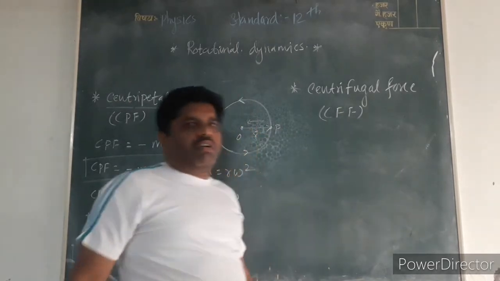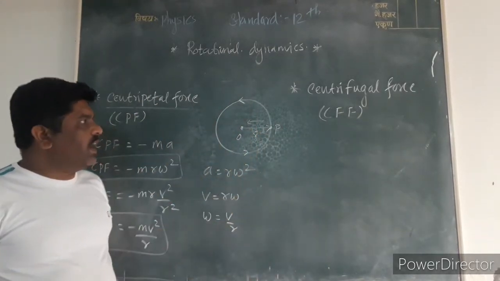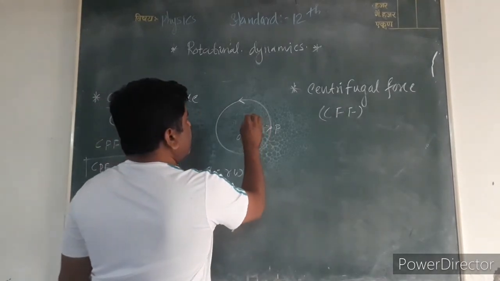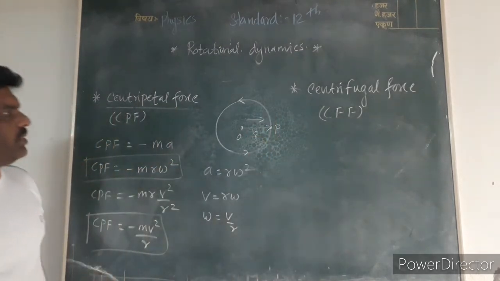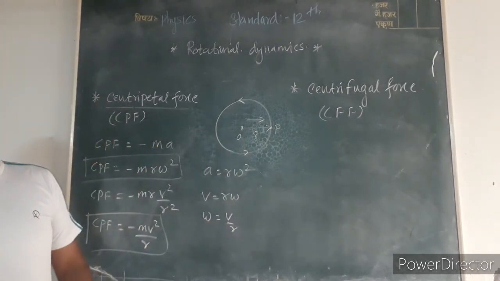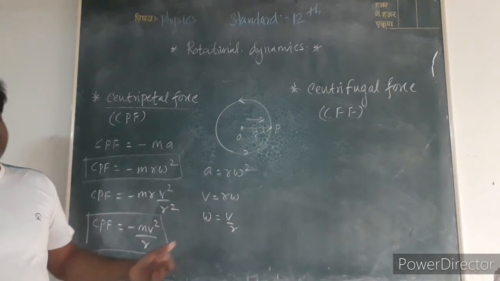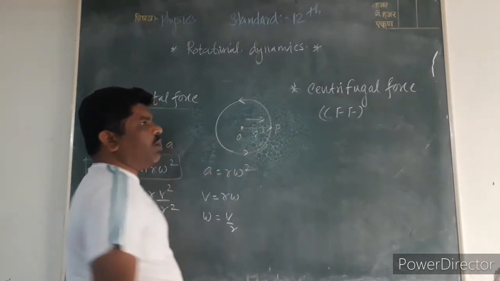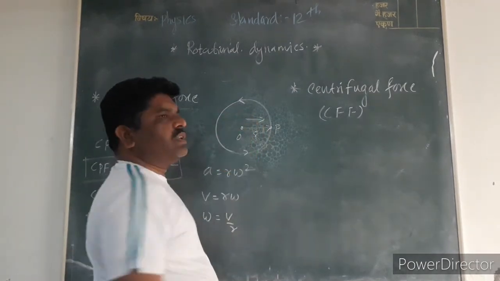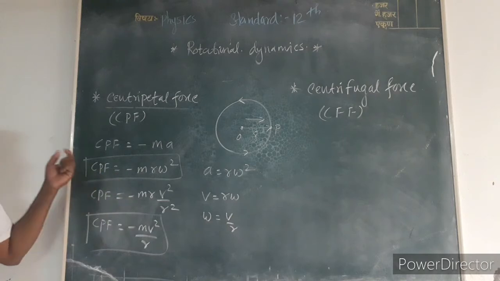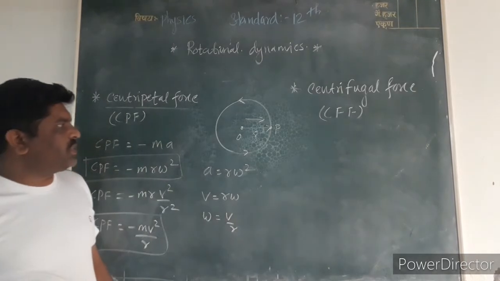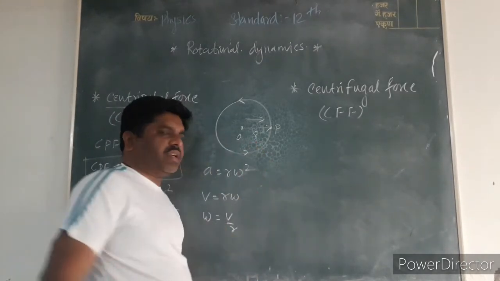If the particle is revolving around the circumference of a circle, the force is directed from the center of the circle to the particle, along the radius vector r.